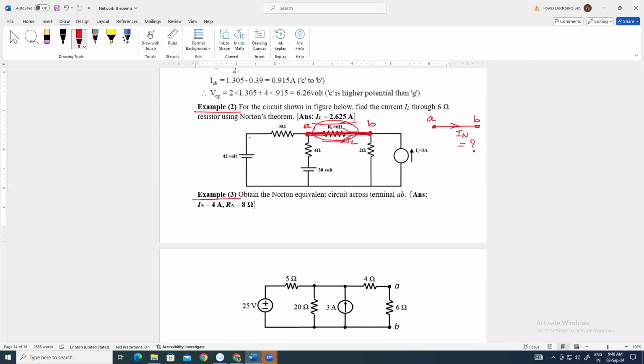What do we have to evaluate next? Because it is a resistive circuit, we have to evaluate RN, that is the Norton equivalent resistance, or Norton resistance. So how can we calculate Norton resistance?